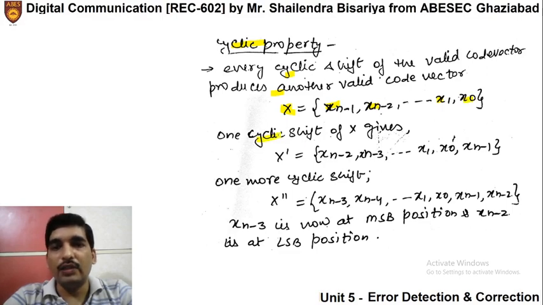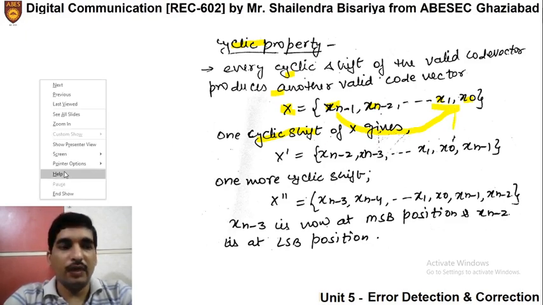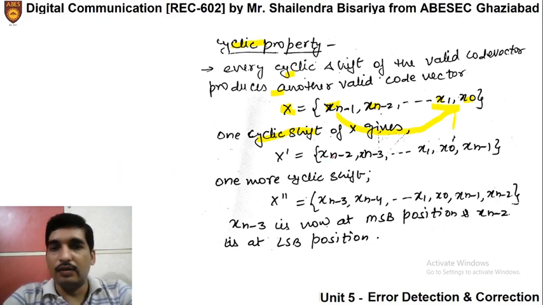Then if we do one cyclic shift, we move x0 to the front, so we will get x0, xn minus 1, and the rest xn minus 2 down to x1 as it is. Just in a circular fashion we have shifted the cyclic shift. So we will get this new code vector.